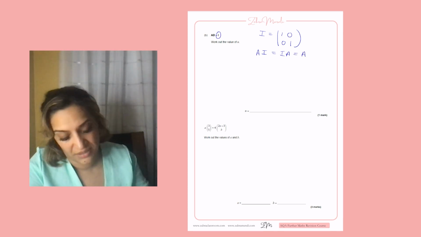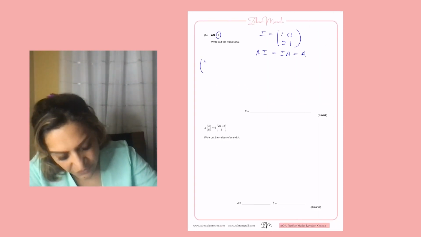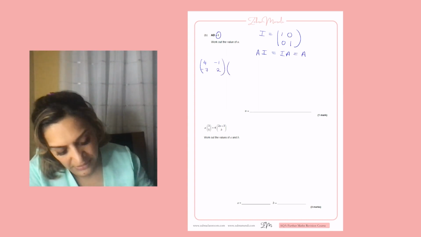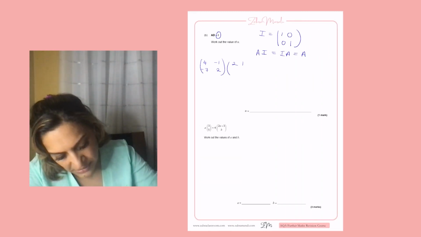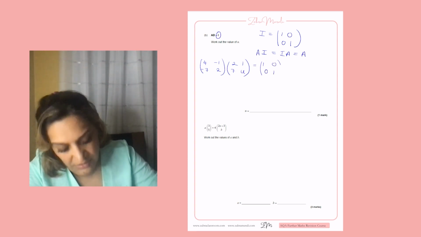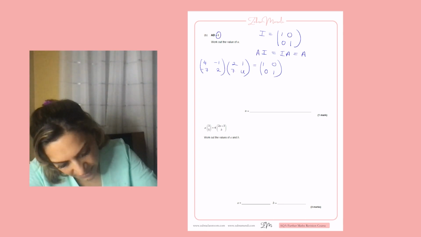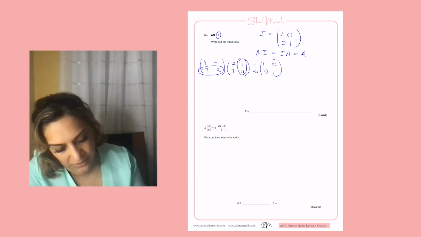Okay, so A, it tells us, is (4, -1; -7, 2). D is (2, 1; 7, u). And we're saying this equals (1, 0; 0, 1). So when we do this row, because this is the second row, by the first column, I get 1.